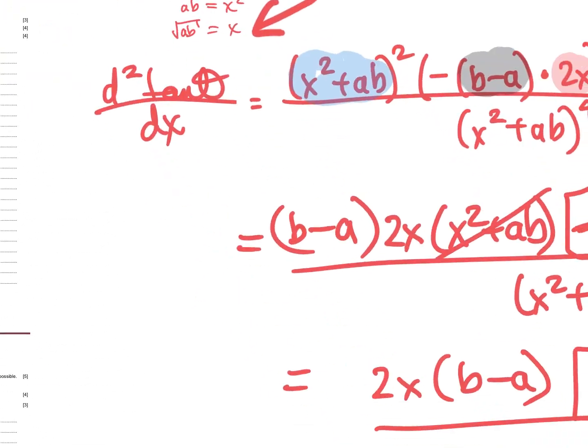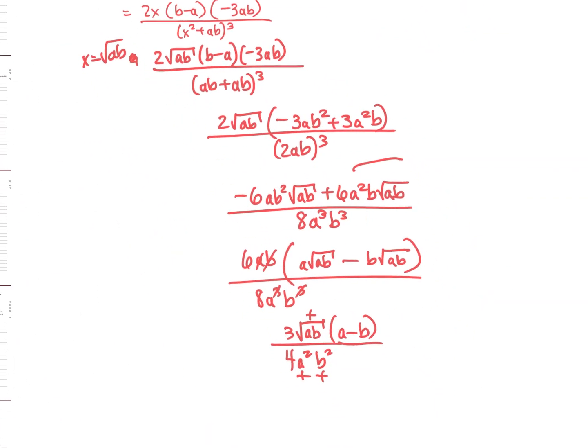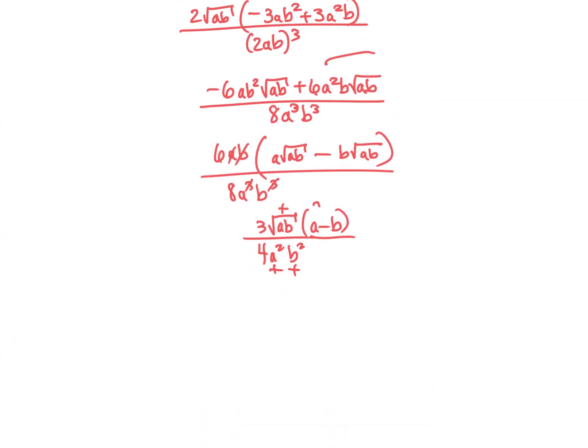If we do all the way down here, a smaller number minus a larger number, this is going to be less than 0. Finally, we know it's concave down. So x equals square root of ab is a max.